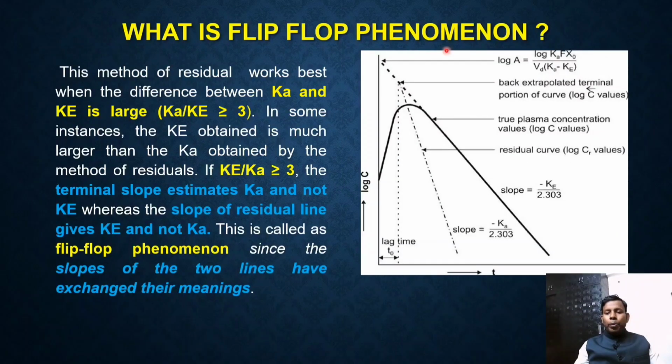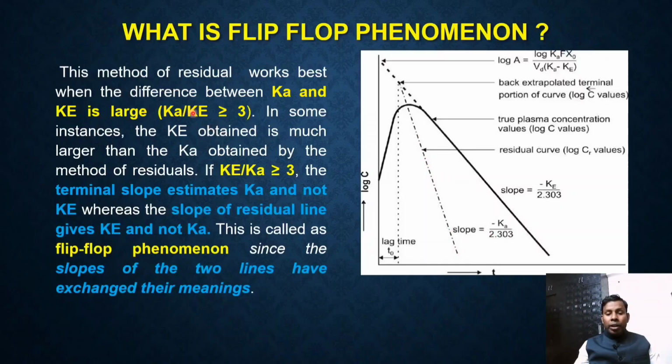What is the flip-flop phenomenon? The method of residuals will work best when the difference between Ka and Ke is large, meaning the ratio of Ka by Ke is greater than or equal to 3. When Ka is much more than Ke, this method will work best. In that case, the terminal linear slope will give Ke and the residual slope will give Ka.